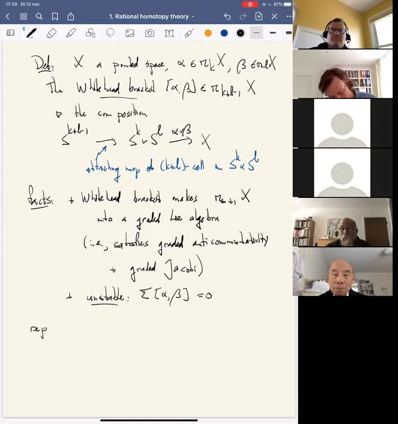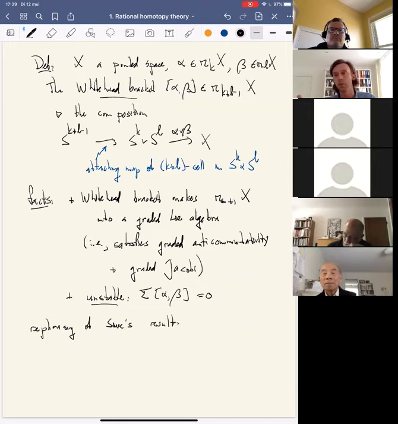So here's a rephrasing. Serre's result. Essentially, his calculation of the rational homotopy groups says that the rational homotopy groups of spheres are the free Lie algebra over Q on the fundamental class.